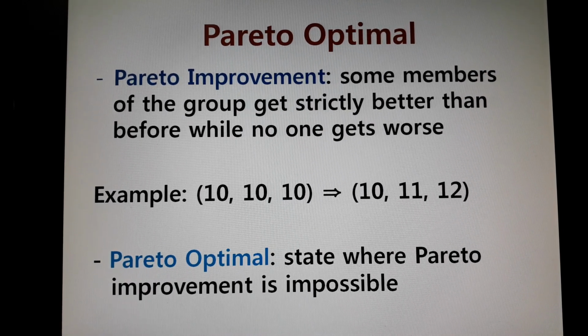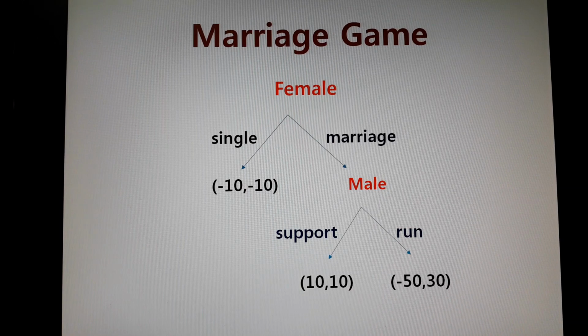So in economics, almost everybody agrees that we should move to the Pareto optimal state. So if there is a Pareto improvement possible, we should do that change, whatever may happen. Okay? Look at this.